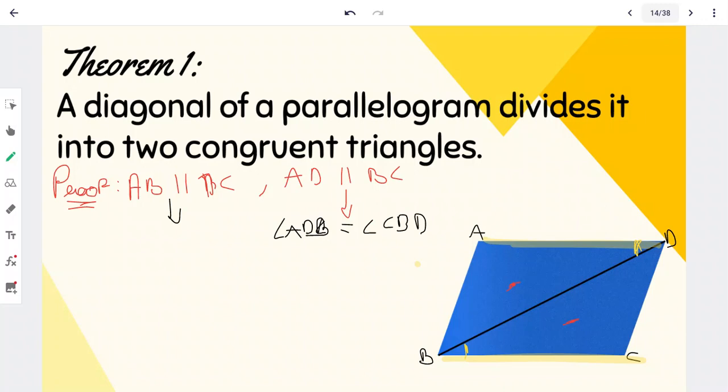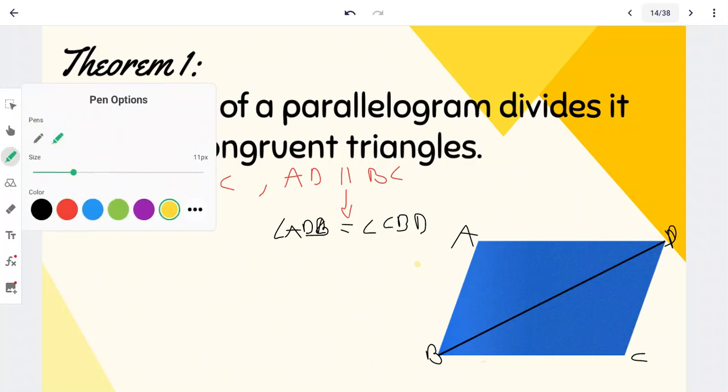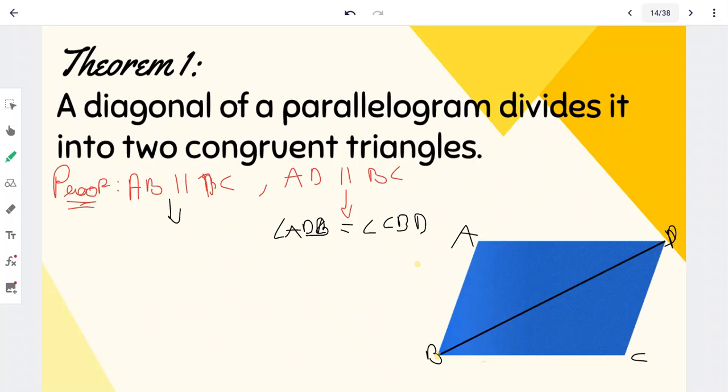Similarly for the next one. Now look over here. The next two parallel lines are AB and DC.